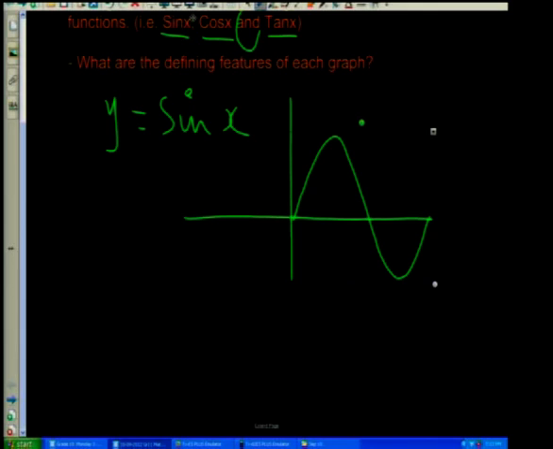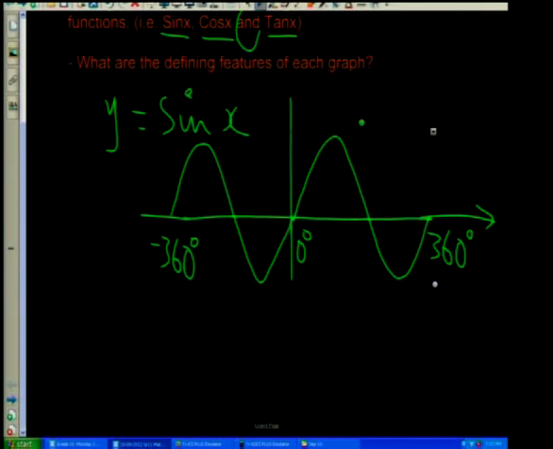And of course, there is the other half this side, repeating the same form. So you will notice the period from 0 to 360 degrees, and minus 360 to 0. And this is our x, and that is our y.